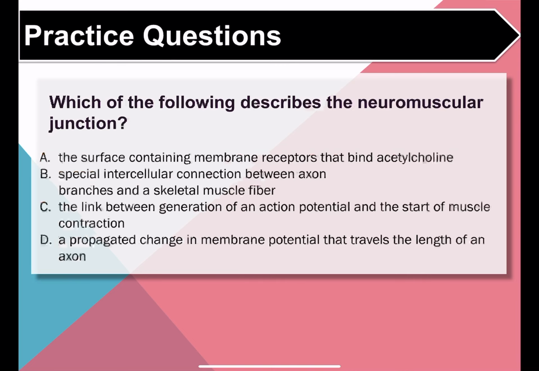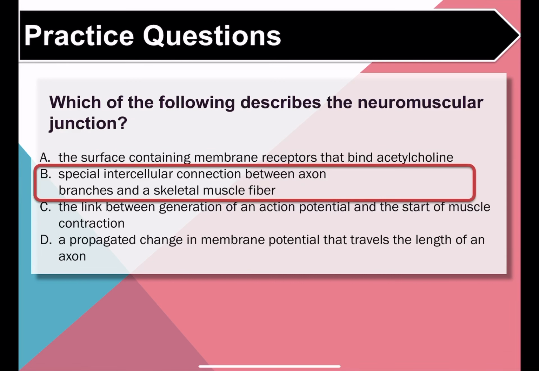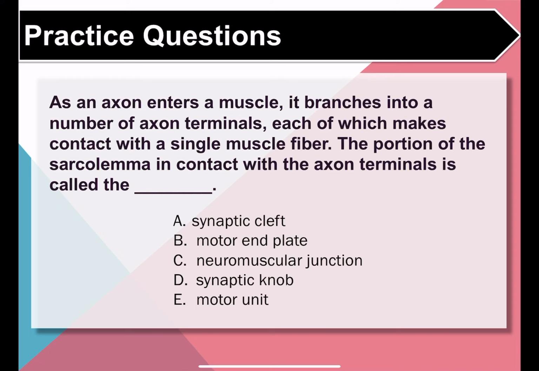Which of the following describes a neuromuscular junction? It is that special intercellular connection between the axon branches or axon terminals with the skeletal muscle fiber. As an axon enters a muscle, it branches into a number of axon terminals, each of which makes contact with a single muscle fiber.